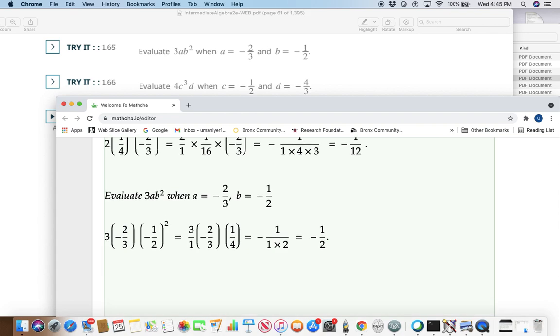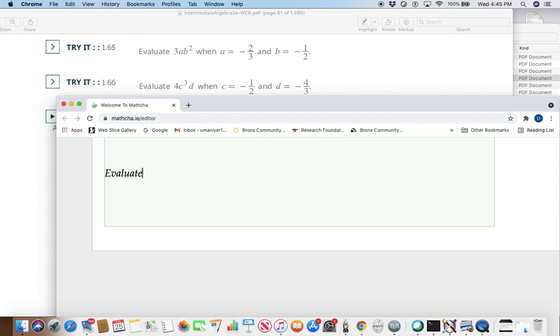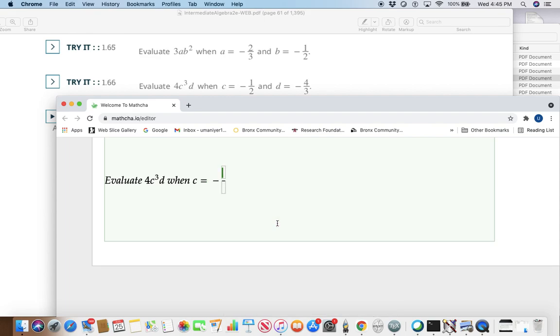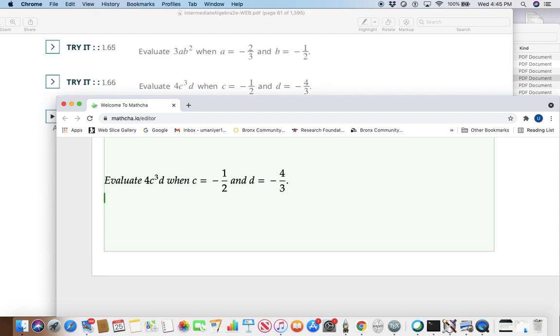All right. The next one, evaluate 4c cubed d when c is negative, fraction 1 over 2, and d is negative, fraction 4 over 3. Okay.